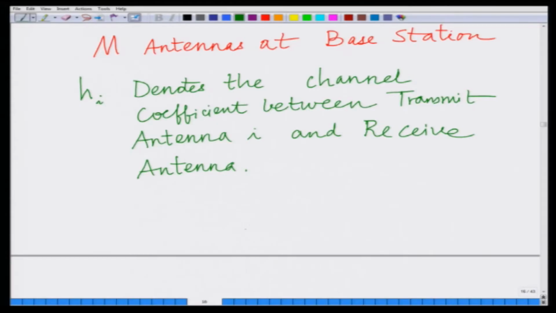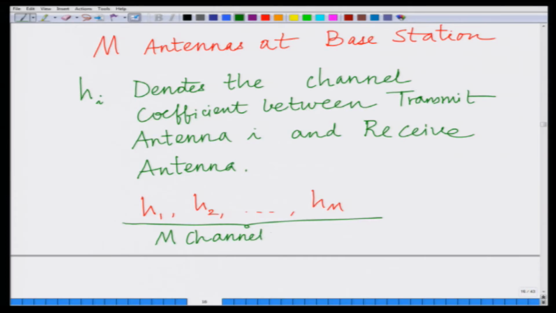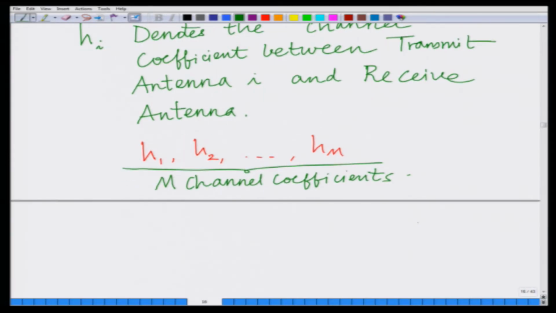So, what we have is M channel coefficients H1, H2, up to HM, these are your M channel coefficients, correct.